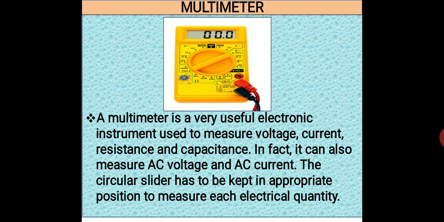A multimeter is a very useful electronic instrument used to measure voltage, current, resistance and capacitance. Very important one. In fact, it can also measure AC voltage, alternating current voltage and AC current.